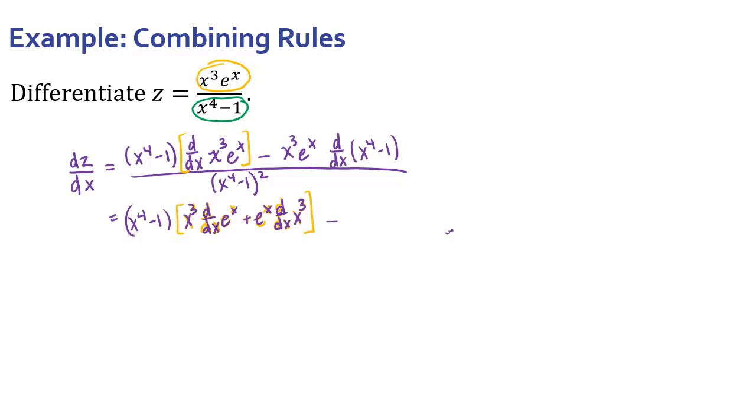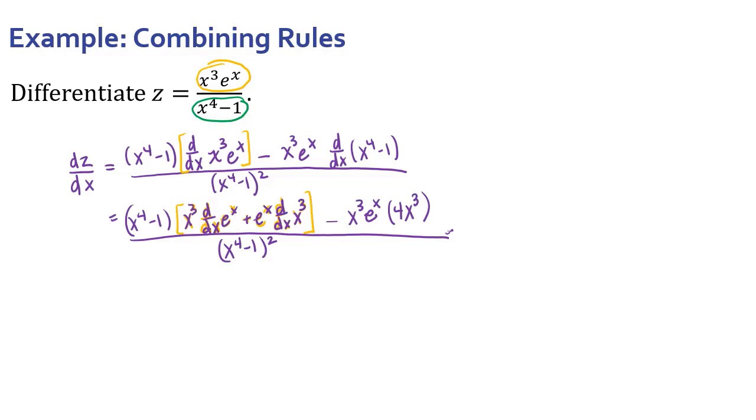And then subtract x cubed e to the x times the derivative of x to the 4th, which is 4x cubed, minus the derivative of 1, which is just 0 because that's a constant. And then that ugliness is all over x to the 4th minus 1 quantity squared.